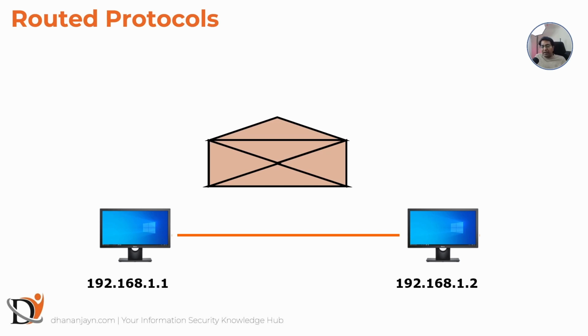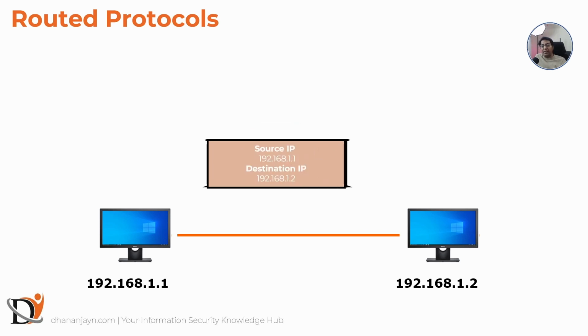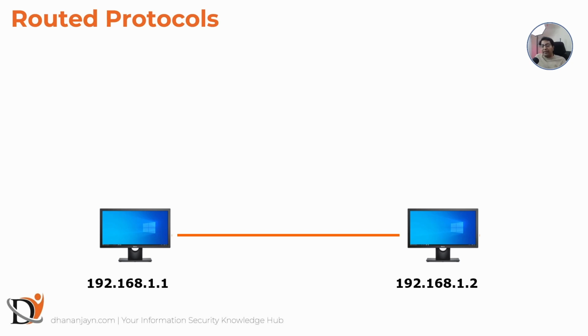So data at this layer is in the form of packets. As we have seen at the transport layer, data was in the form of segments. Now the segment will become a packet at this layer, and now the routed protocol will attach the source IP and the destination IP, and then it will send the request to the destination.